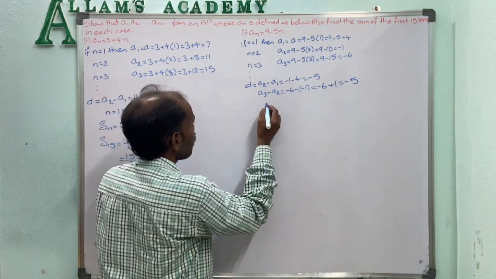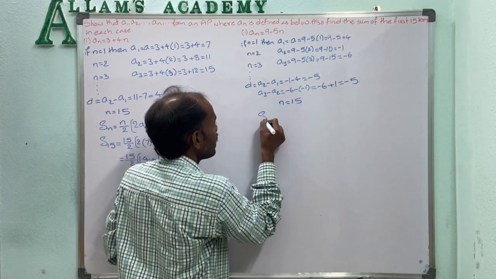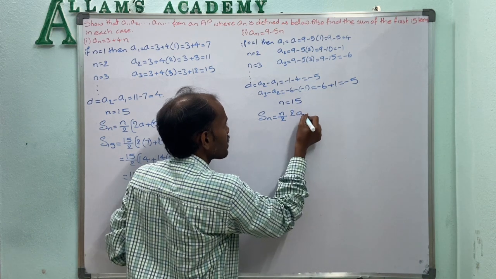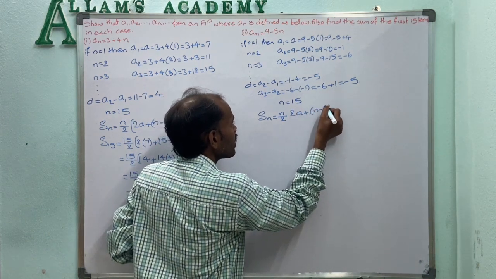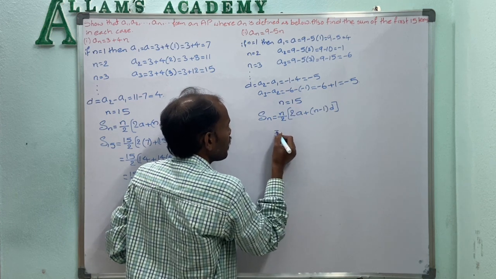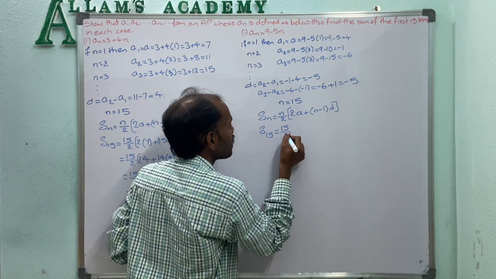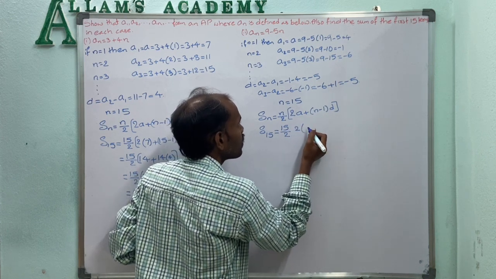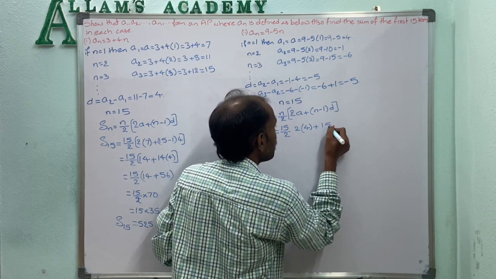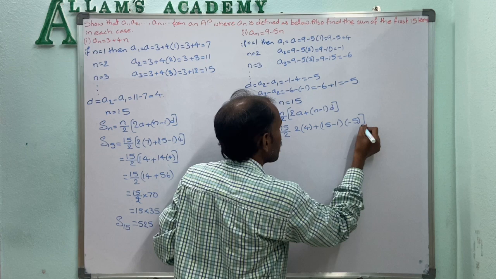Now we find the sum of 15 terms. Sn = n/2 [2a + (n − 1)d]. So S15 = 15/2 [2 × a, where the first term is 4, + (15 − 1) × common difference −5].